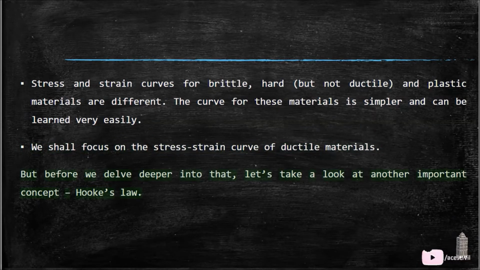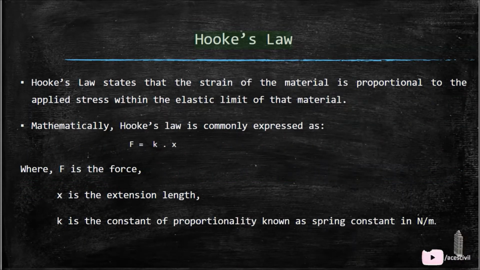But before we delve deeper into that, let's take a look at another important concept: Hooke's law. Hooke's law states that the strain of the material is proportional to the applied stress within the elastic limit of that material.